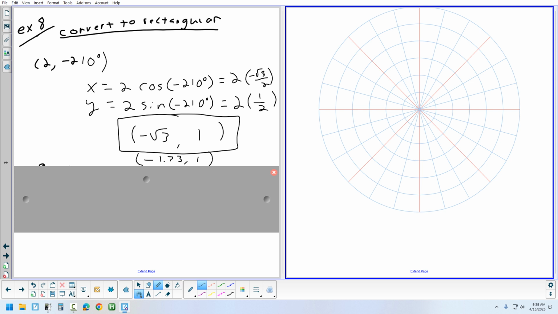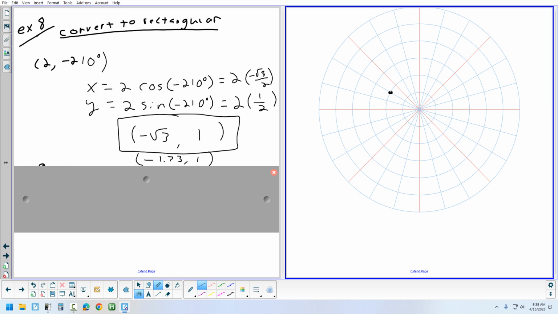And then to get to 210, how much past 180 is 210? Yep, 30 more. 15, 15. Okay. Everybody agree that I put that in the correct spot?